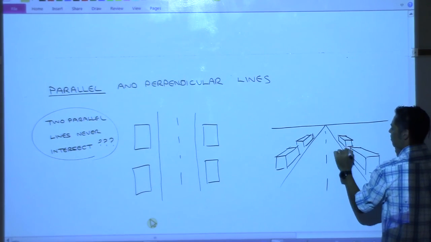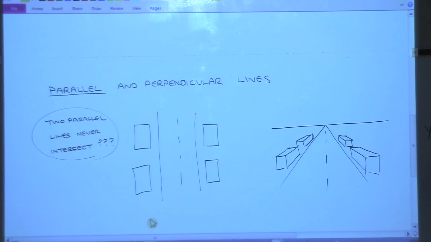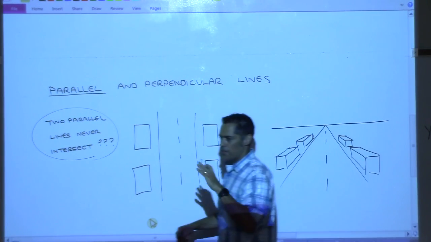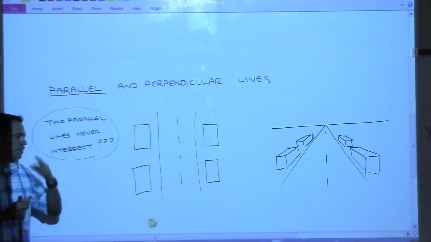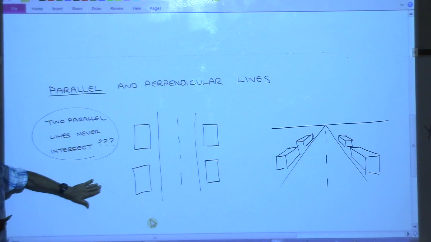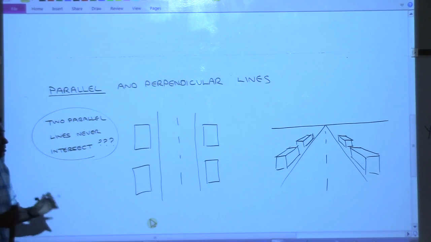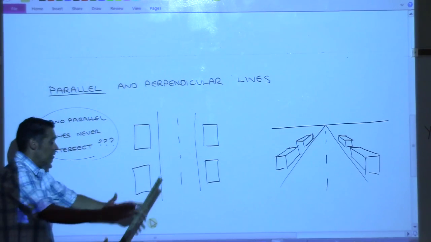So why is this one better? It looks more three-dimensional, right? So I'm tricking my eye into seeing depth. It's very difficult to trick the human eye to see depth on a flat sheet of paper. So if you follow all the rules and you're trying to draw a road, you'll be like, well, the road has two lines and they are parallel.